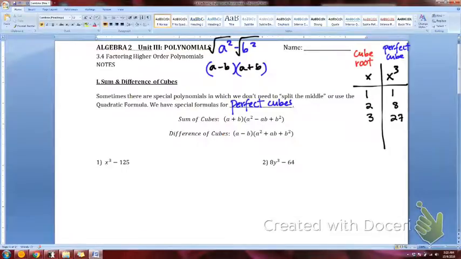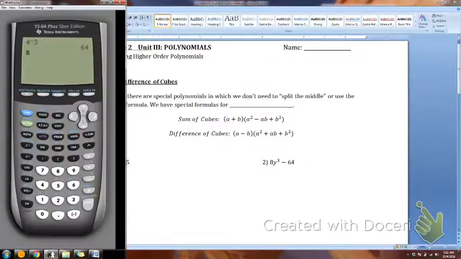So when we go back, we would say 4 cubed is 64. Then 5 cubed is 125. Again, we're going back to our calculator, and we can do 6 raised to the 3rd power.